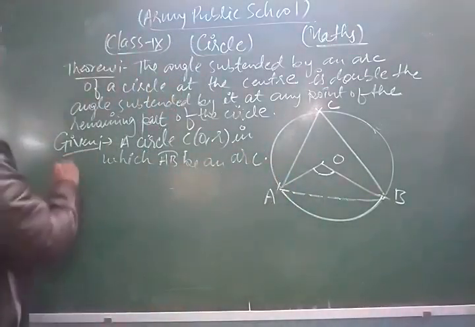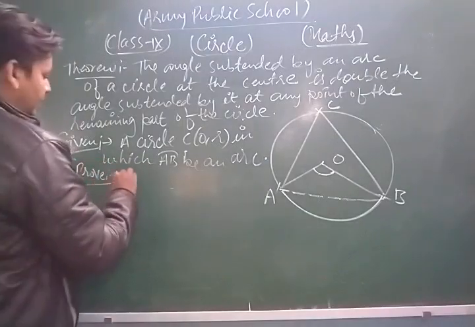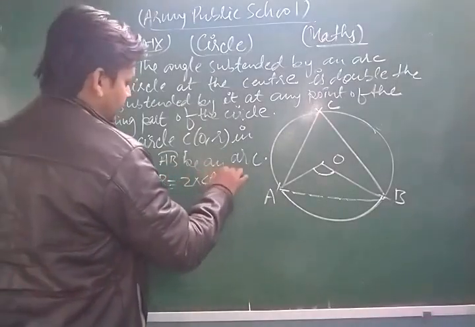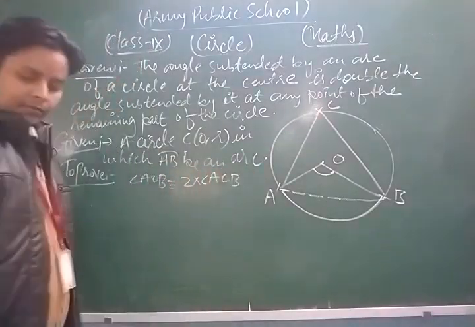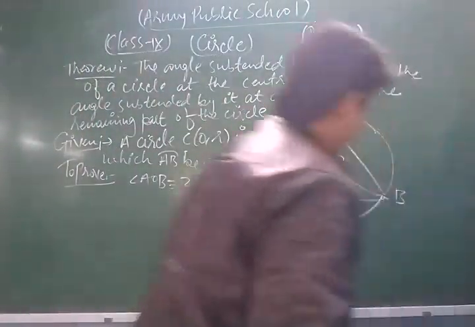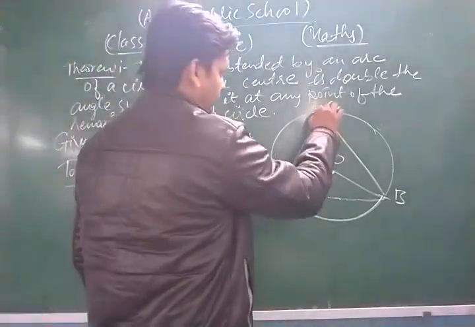Now, what do we have to prove, dear students? We have to show that angle AOB is equal to 2 times angle ACB. Now we have to do some construction also.